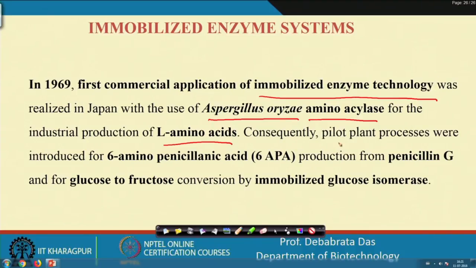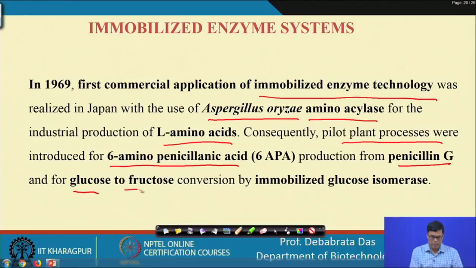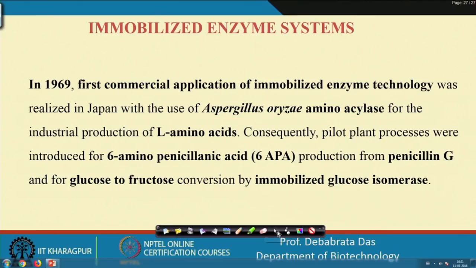Consequently, pilot plant processes were introduced for the production of 6-aminopenicillanic acid from penicillin G, and we also know that glucose can be converted to fructose with the help of immobilized glucose isomerase enzymes. So there is tremendous potential as far as immobilized enzyme is concerned.